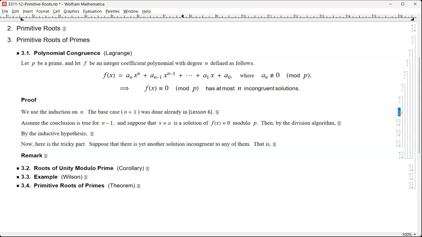Next, the inductive hypothesis. Assume the conclusion is true for degree n minus 1, and then let's go ahead and prove it for the general case with degree n. Suppose that x congruent to alpha is a solution. In other words, f of alpha is congruent to 0 modulo p.